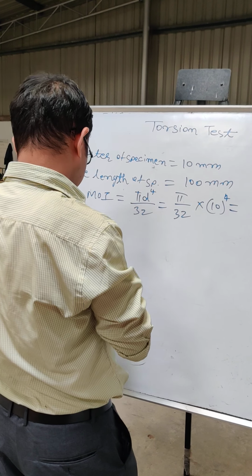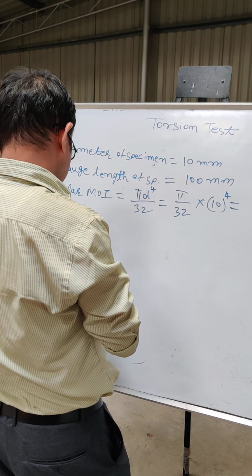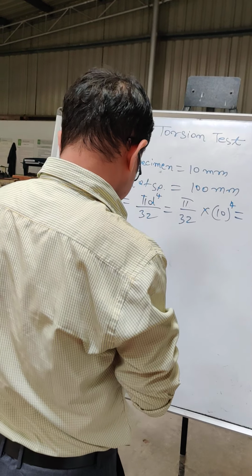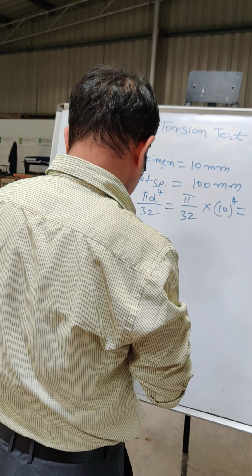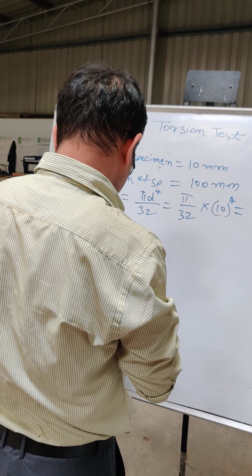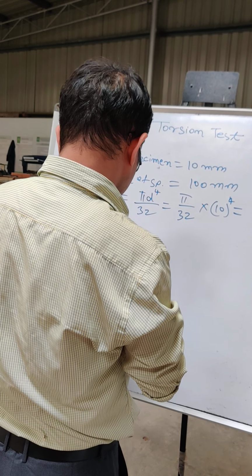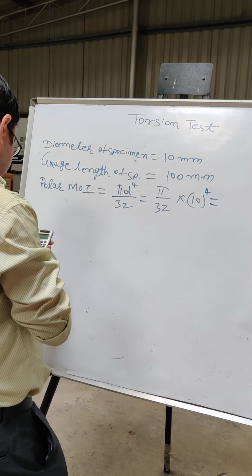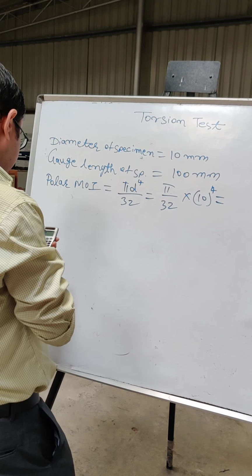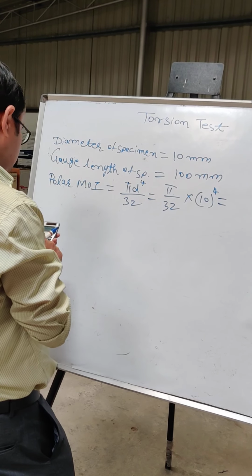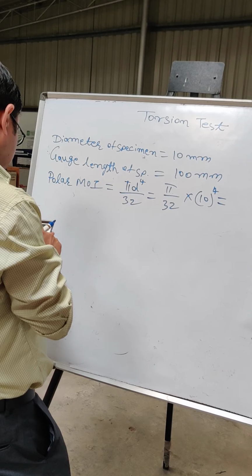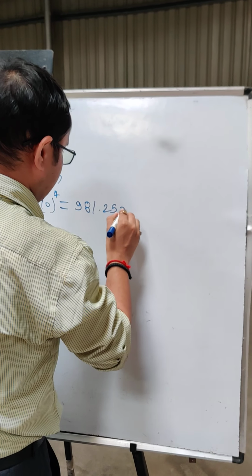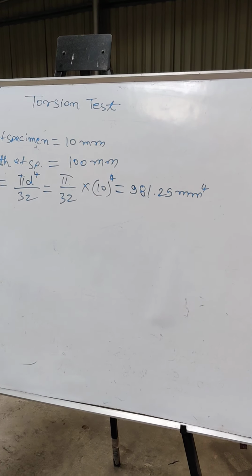That is 3.14 into 10,000 divided by 32, which is 981.25 mm to the power 4. This is the polar moment of inertia.